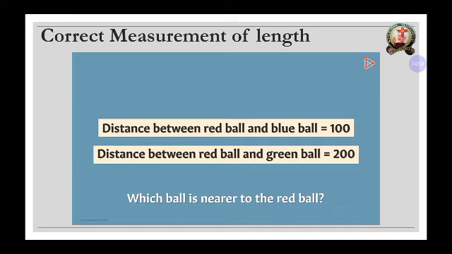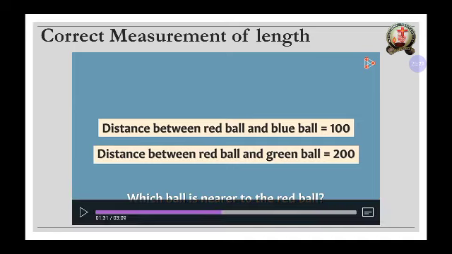So which value is greater? 200 is greater, right? So obviously the distance between the red ball and the green ball must be greater than between the red ball and the blue ball. So by seeing the least value you can determine the distance between two different objects. This is what we call measuring the distance of shorter lengths.